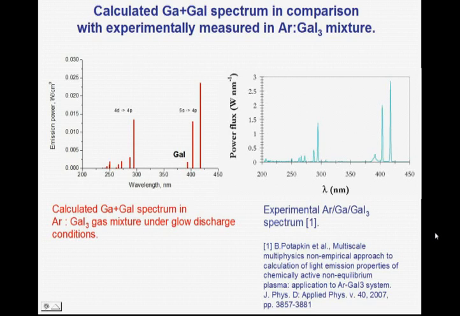The argon gallium iodide 3 spectrum taken from experimental results is shown in the right figure for comparison. The calculated spectrum is in qualitative agreement with the experimentally measured one, so plasma reactors allow calculating various discharge types in various gas mixtures for a wide range of input plasma parameters.